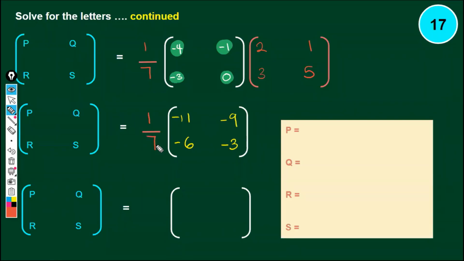So we're almost finished. Once you get those 4 answers, you just have to multiply all the values by 1/7. But multiplying by 1/7 really means you're dividing everybody by 7. So see if we can finish off the questions there. Divide everyone by 7, and you'll get some decimals.